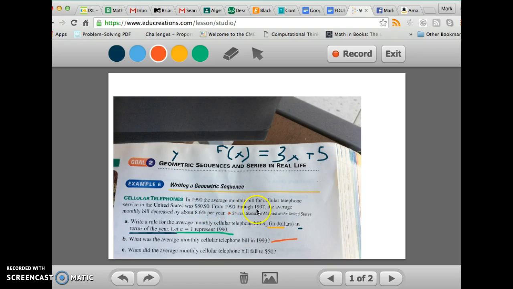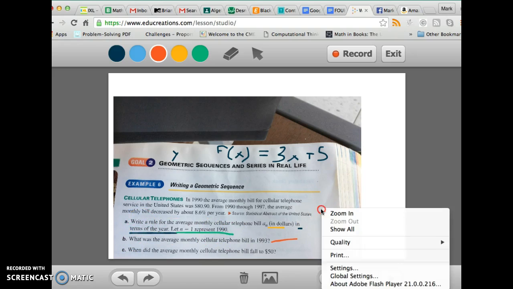From 1990 through 1997, the average monthly bill decreased by about 8.6% per year. Write a rule for the average monthly cellular telephone bill, A sub n, in dollars, in terms of the year. Let n equals 1 represent 1990. That will make a little more sense in a minute.